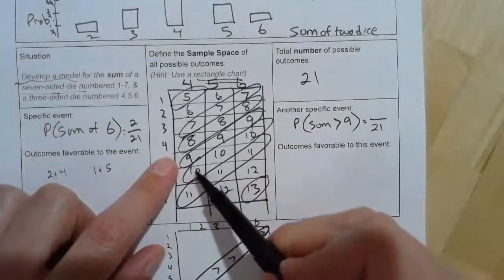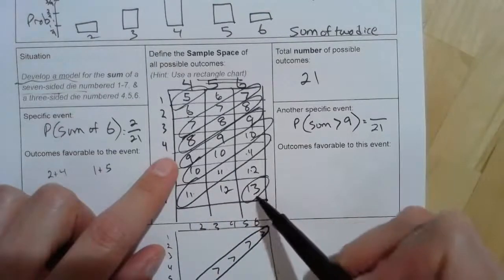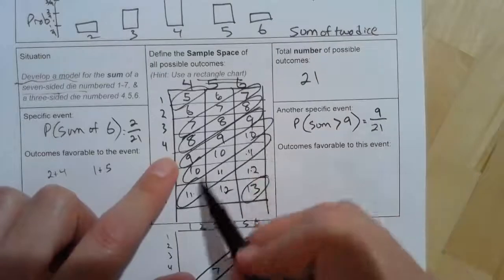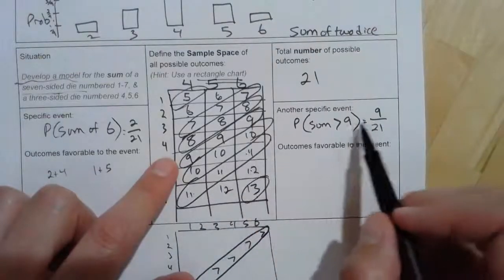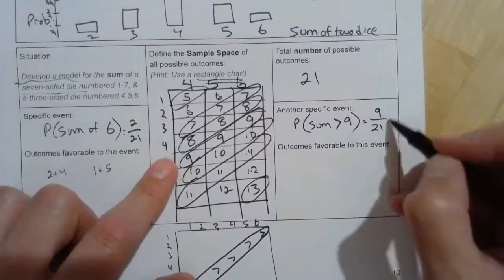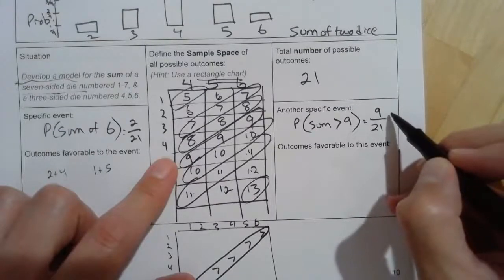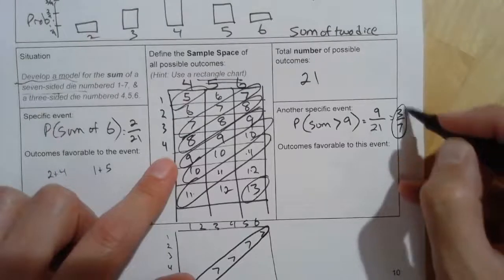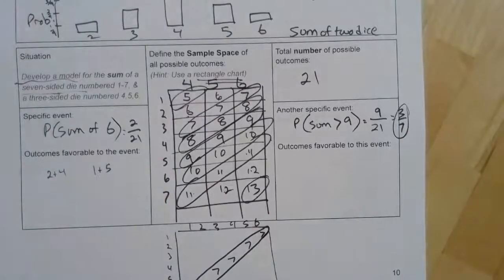But there's 1, 2, 3, 4, 5, 6, 7, 8, 9. What a coincidence. There's 9 possible outcomes that would give me a sum that's greater than 9 out of the 21 total. And to reduce, when we divide by 3, we get 3/7. That would be the probability of getting a sum that's greater than 9.